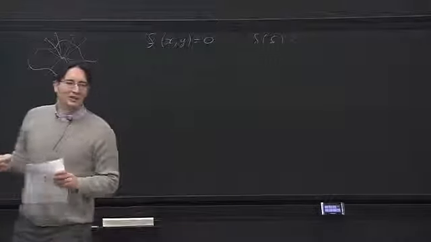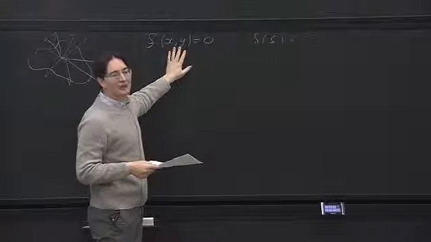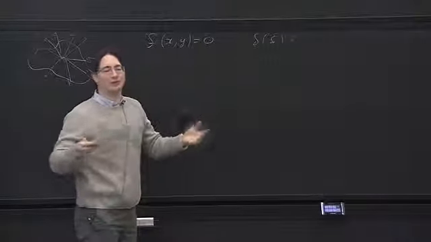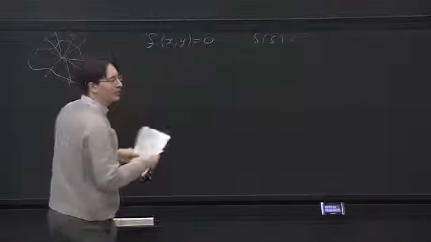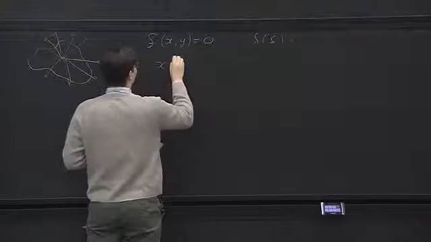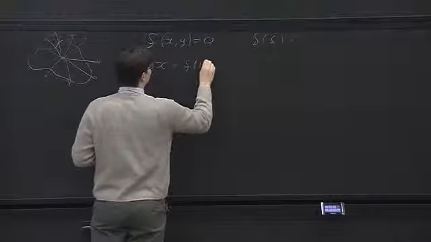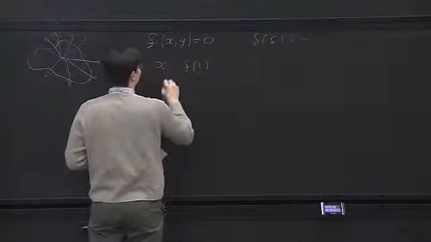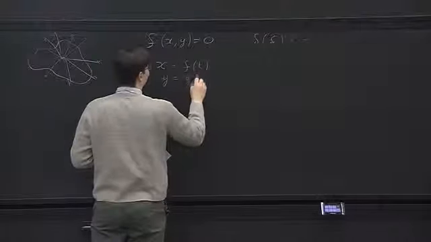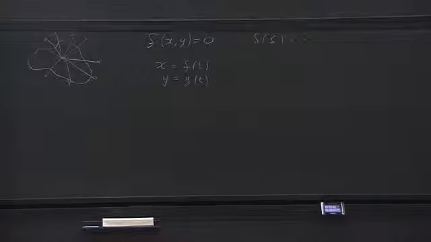Now, suppose that somebody else had given me the gauge fixing condition not as an equation satisfied by x and y, but in a parametric form. So somebody could have told me, I want you to only integrate over the x's and y's such that some relation like this is true for some t.